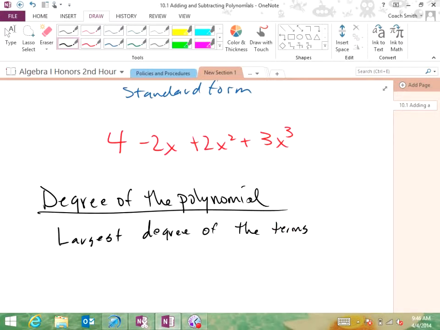Now let's look at number 7 through 12, on page 579. It says, classify the polynomial by the degree and by the number of terms.